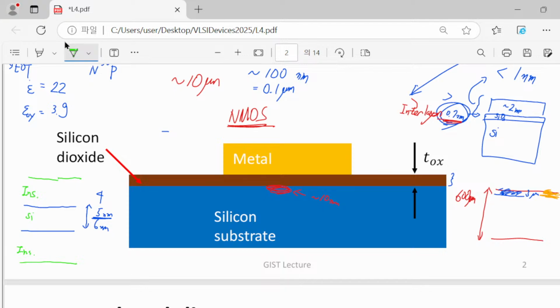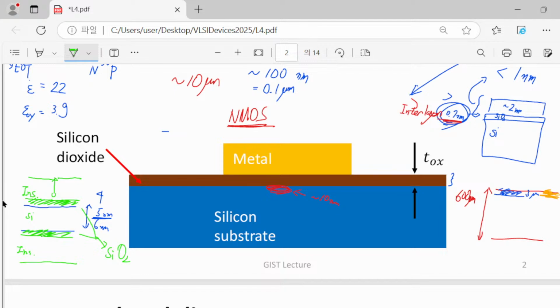Of course, here we have a very thin layer corresponding to the interlayer, and also here. These are pure silicon dioxide, and beyond that point, we have a relatively thicker insulating layer, and as you know, these are hafnium oxide, high K material.